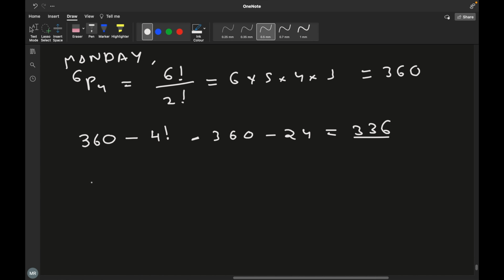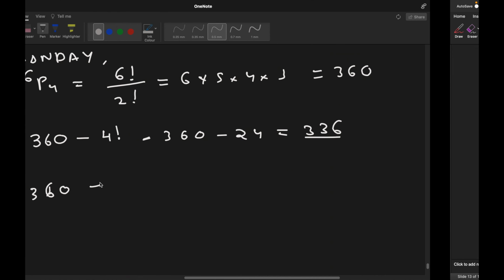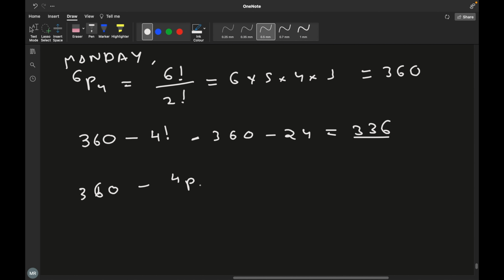So the total number of ways is 360. And we have to find the number of ways in which they are together. Therefore, it's going to be 4P2 because we're selecting 2 from the available 4, which are not vowels, into 3 factorial. It's going to be 360 minus 12 into 6.